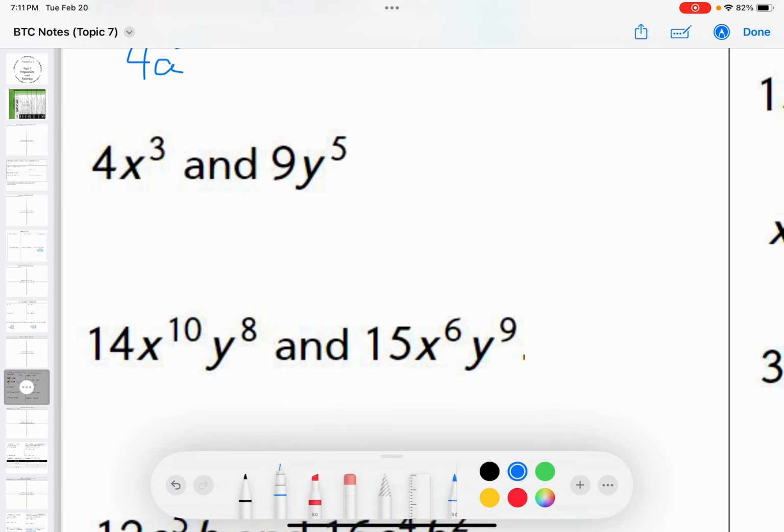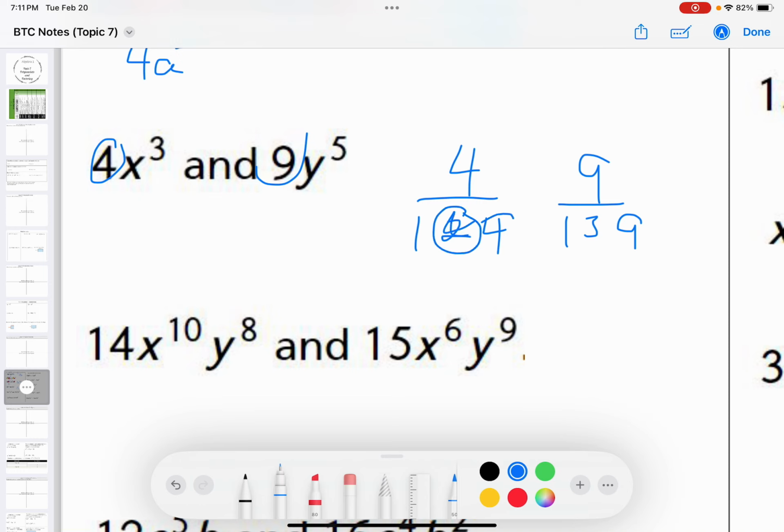This next one, I've got numbers of 4 and 9. So my factors of 4 are 1, 2, and 4. My factors of 9 are 1, 3, and 9. And so there's no common factor besides 1, and we don't count 1 as a common factor. So 2 doesn't go into 9, 4 doesn't go into 9, 3 doesn't go into 4, 9 doesn't go into 4.